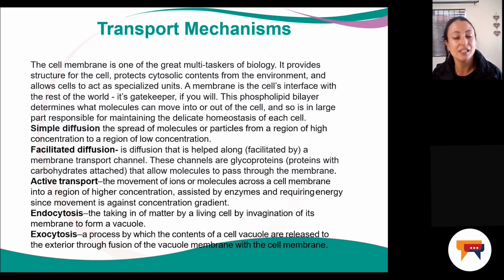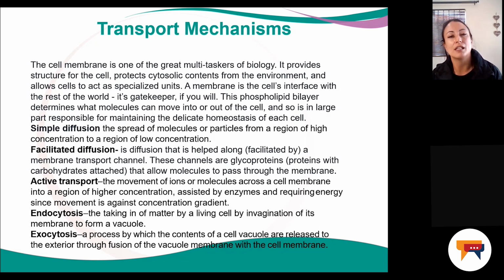Then we get facilitated diffusion. So this is diffusion that is helped along, facilitated by a membrane transport channel. These channels are glycoproteins, proteins with carbohydrates attached that allow molecules to pass through the membrane.